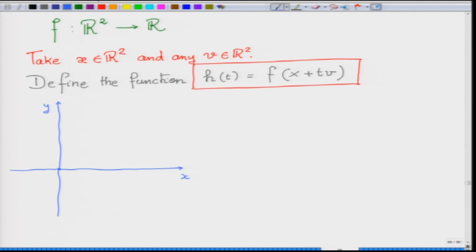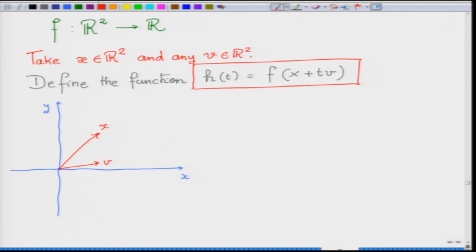So, take a point x. Here is the x vector, and take another vector v, like this. v is a vector, x is a vector. I am not putting the arrow on the top where I should, but when I say v element of R2, I am basically talking about a coordinate, and that coordinate represents the vector.